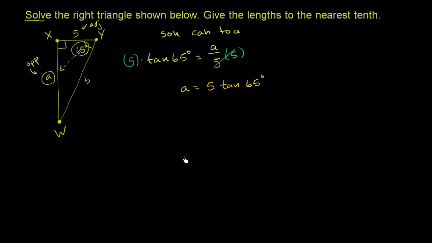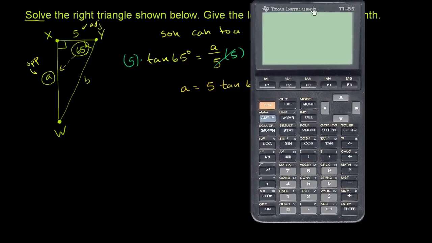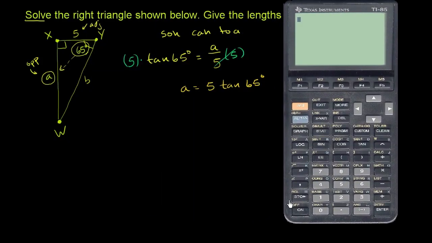So now we can get our calculator out and figure out what this is to the nearest tenth. Get my handy TI-85 out, and I have 5 times the tangent, just the regular tangent of 65 degrees.